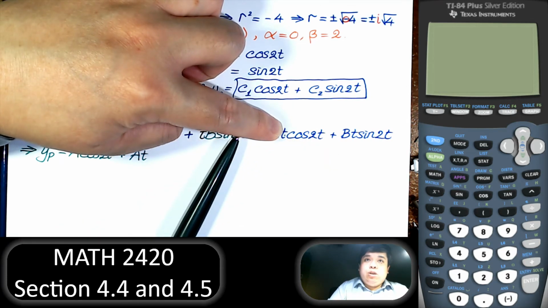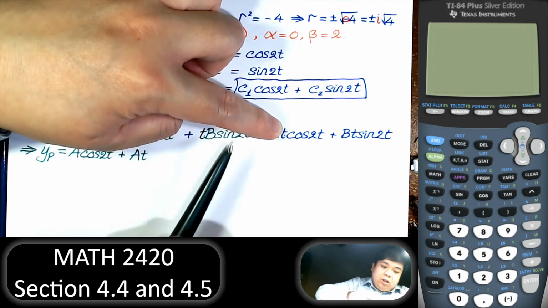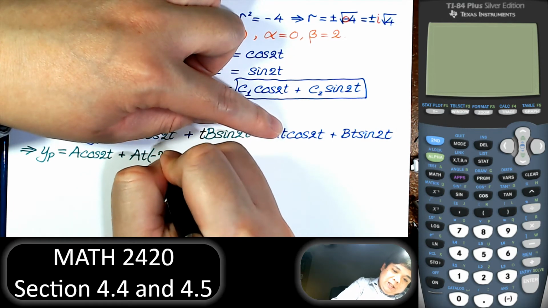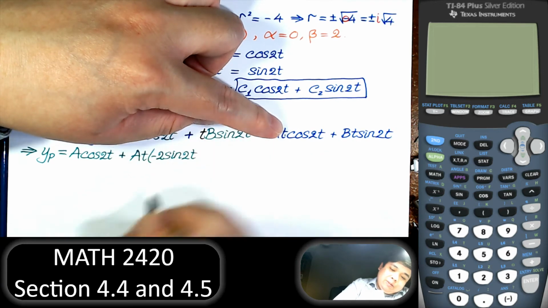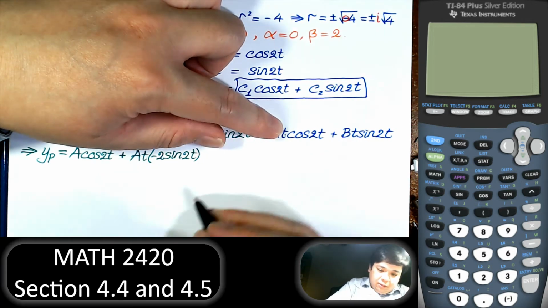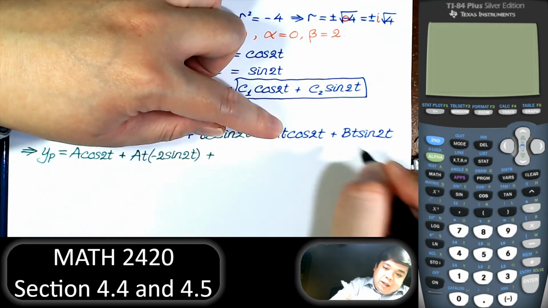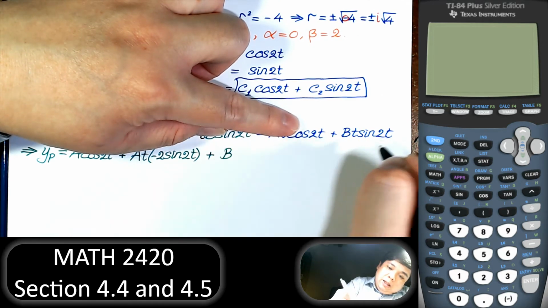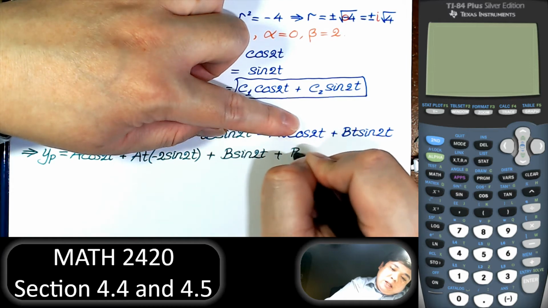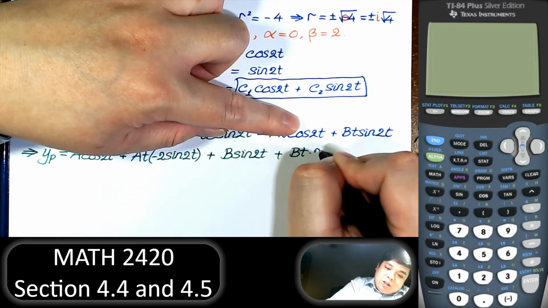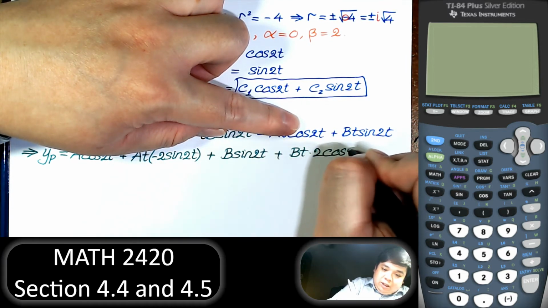Derivative of cosine 2t is negative 2 sine of 2t, and then b sine 2t plus bt, derivative of that is 2 cosine 2t.